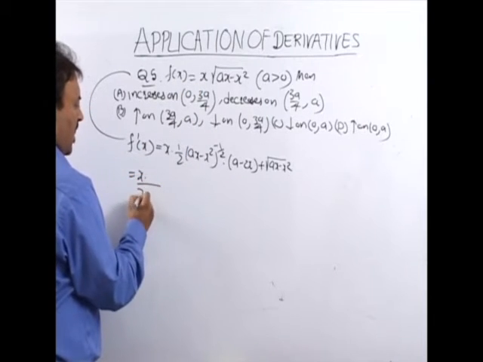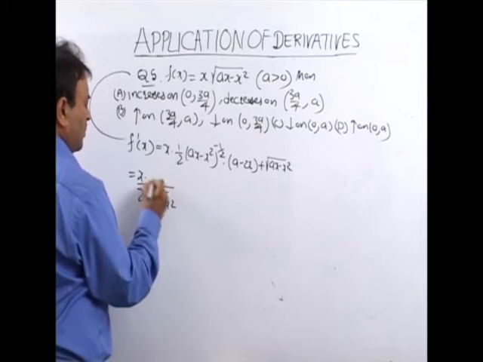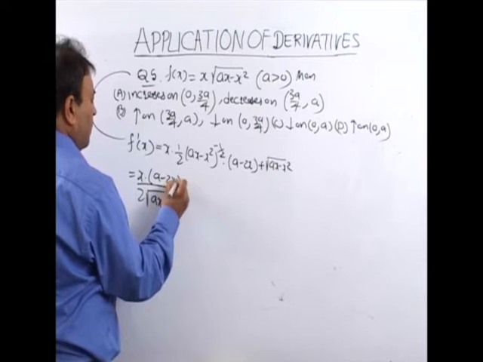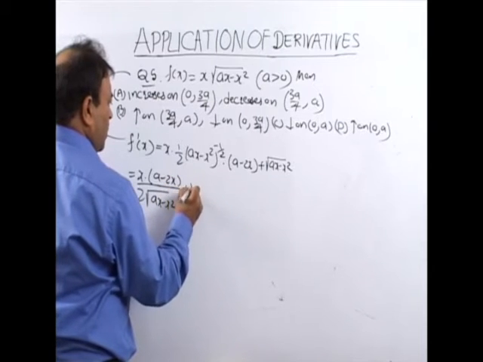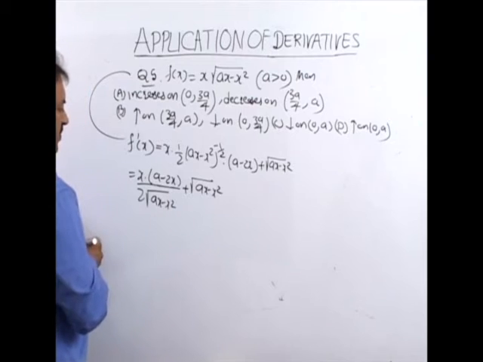This is x upon square root of ax minus x square, times a minus 2x, plus square root of ax minus x square.